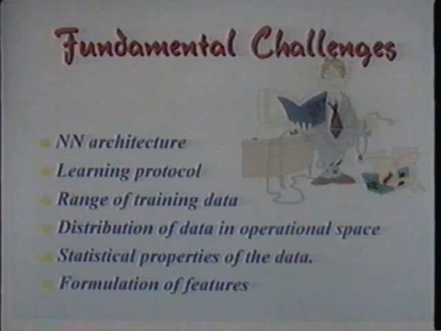If you have a wide data range, and most of your data is concentrated in a certain region of that span, while in other areas you have sparse data, then you are likely to have problems when you train the neural network and test it in the area where the data are sparse. So the range and the distribution of the data are two important issues that should be considered before you design the neural network.